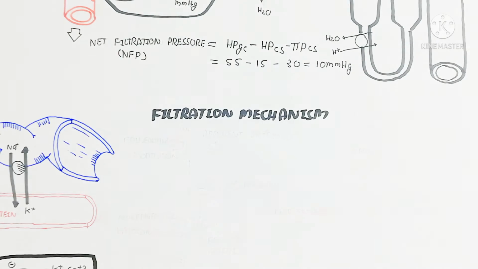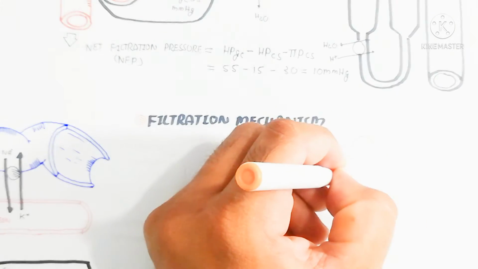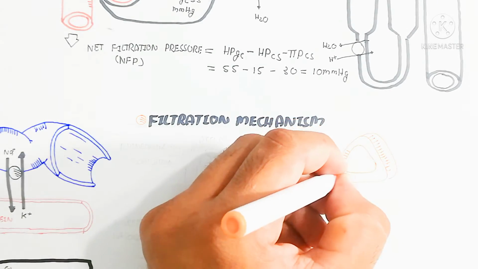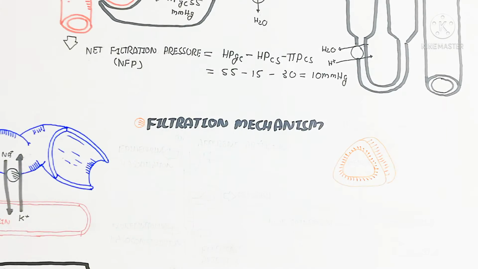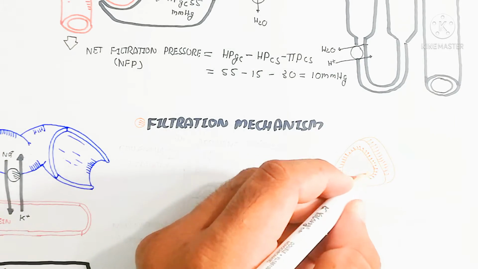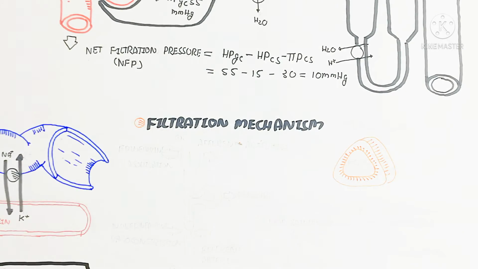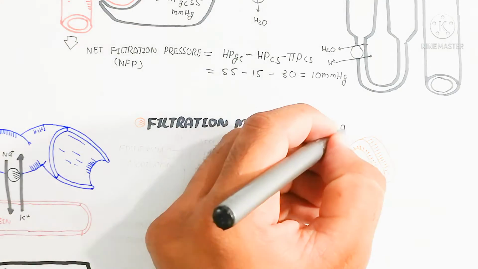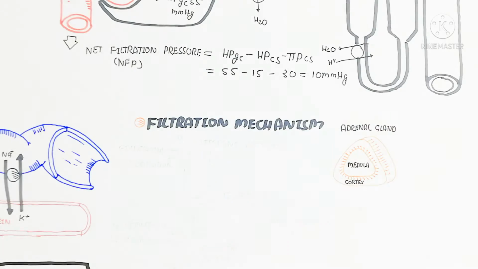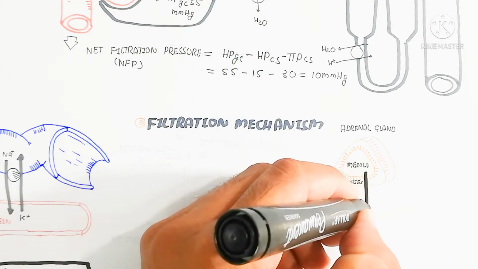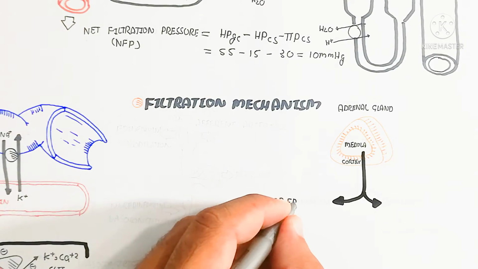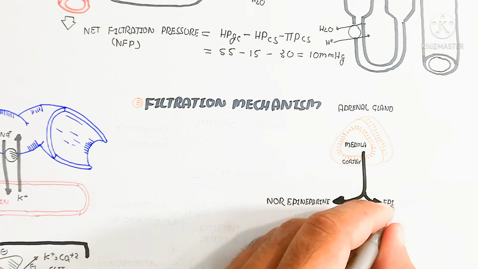When permeability is decreased, the pressure inside the glomerulus will be increased, while when the area for filtration is increased, the pressure will be decreased, while constriction of the glomerulus will increase it. When the pressure is increased, the filtration rate will be increased. So remember that.